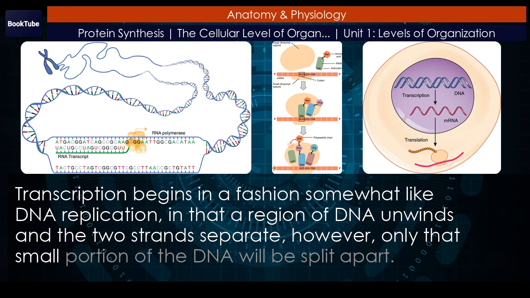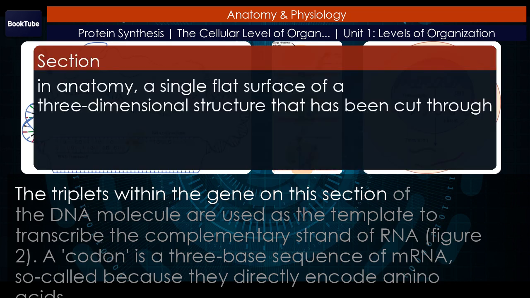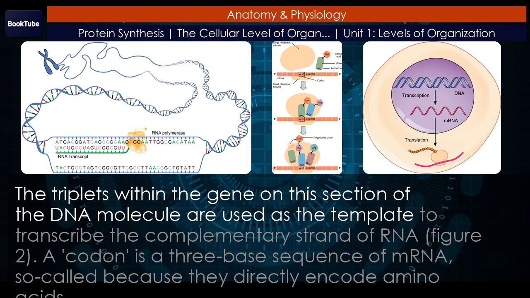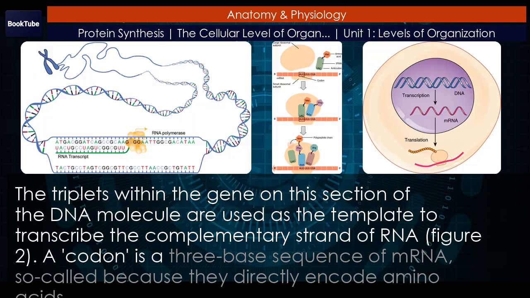However, only that small portion of the DNA will be split apart. The triplets within the gene on this section of the DNA molecule are used as the template to transcribe the complementary strand of RNA. Figure 2. A codon is a 3-base sequence of mRNA, so called because they directly encode amino acids.